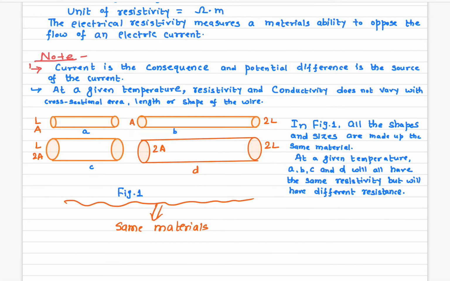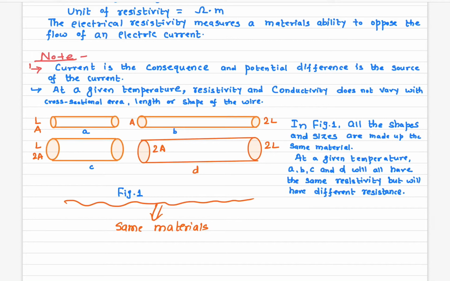So here are a few important points that I have made here. The current in any conductor happens because of the potential difference. The electrical current in any electrical circuit or any conductor happens because of the applied potential difference.